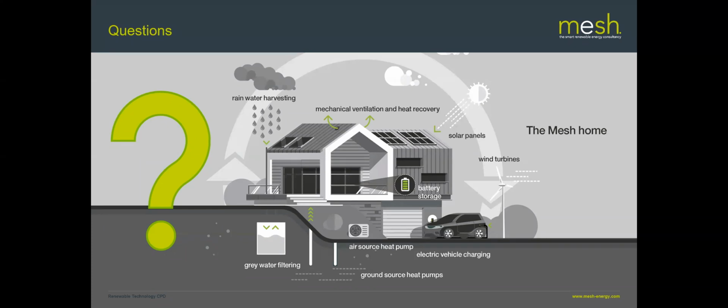There's a question here from David: how effective is MVHR when delivered through floor grills? It's not something I've ever seen done, so I honestly couldn't answer that. Generally speaking, ceiling or wall-mounted grills are what are specified.